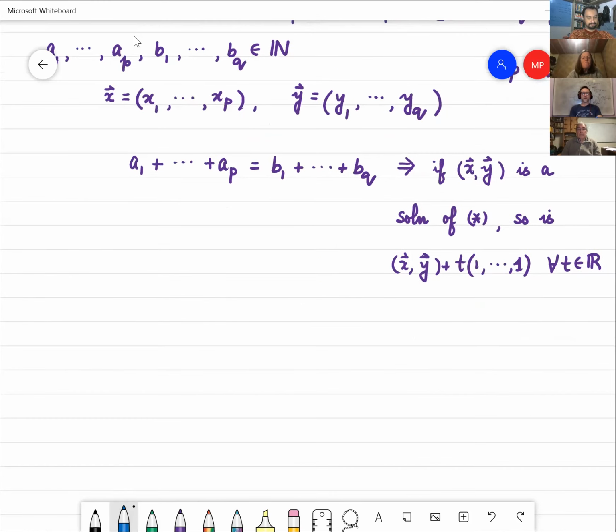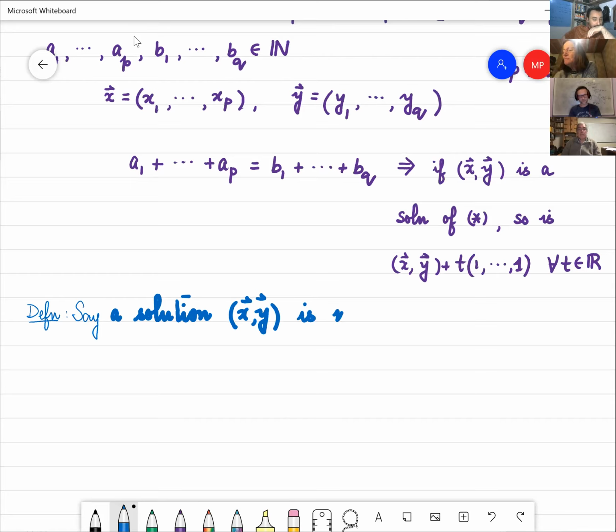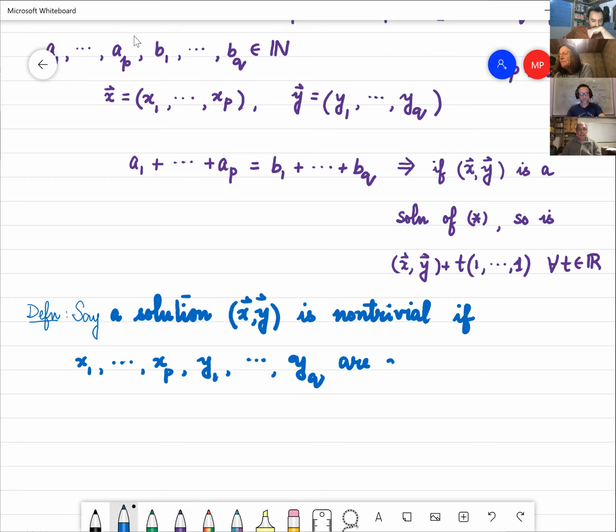So here's the definition. We are going to say that a solution x comma y is non-trivial if all the entries x1 through xp, y1 through yq are all distinct.